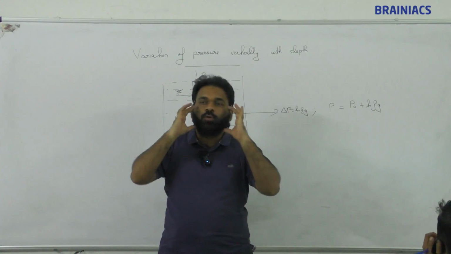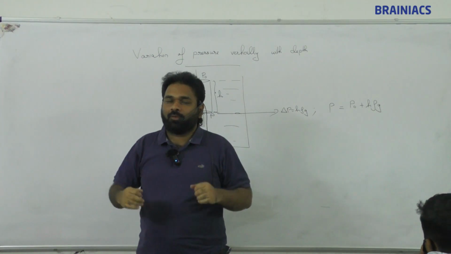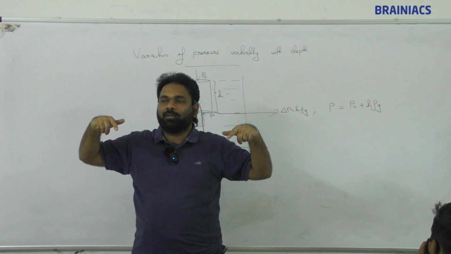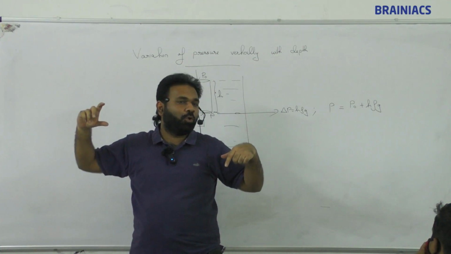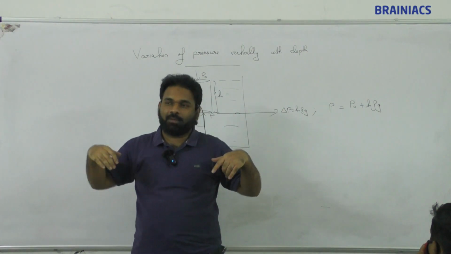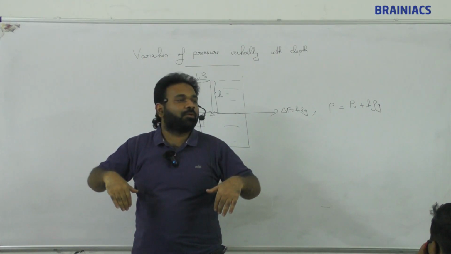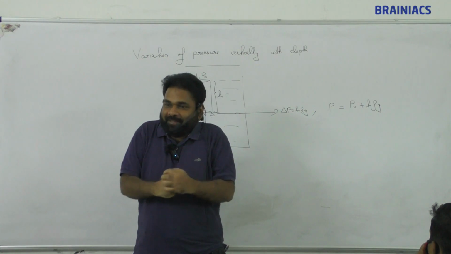So one person who can hold his breath jumped, and he went down up to 1 meter. Then he saw pressure is equal to 1 rho g. Again he went down 2 meter, 2 rho g, 3 meter, 3 rho g, 8 meter, 8 rho g.